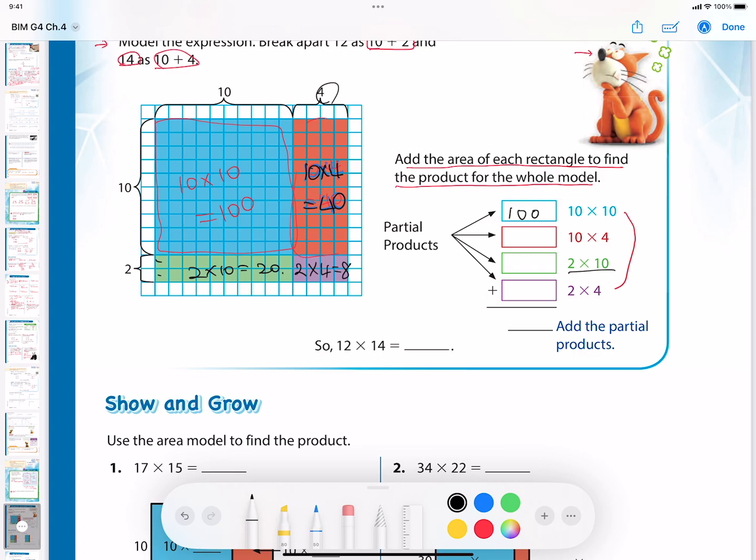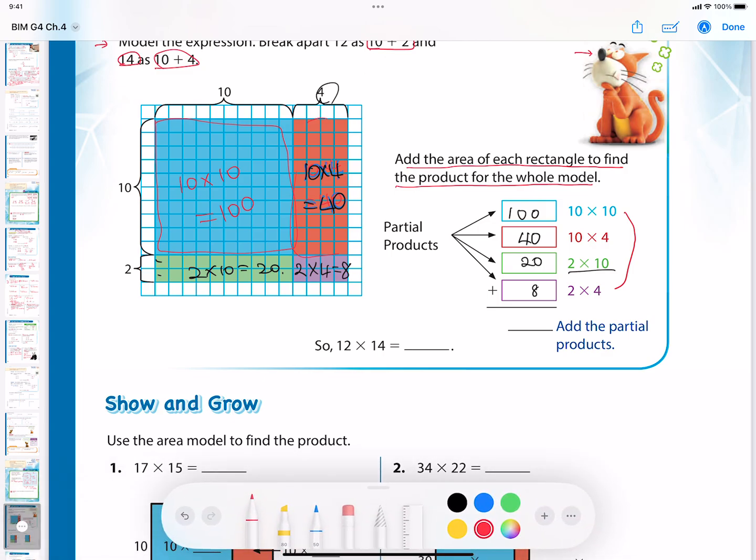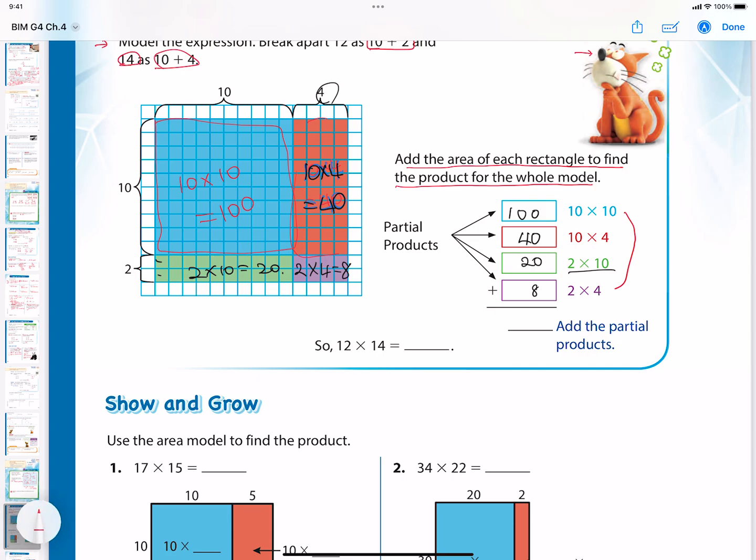So let's write it down. We got the area of blue, red was 40, and green was 20. And purple is 8. Did you notice something? When I write it down, I line them up. You see?